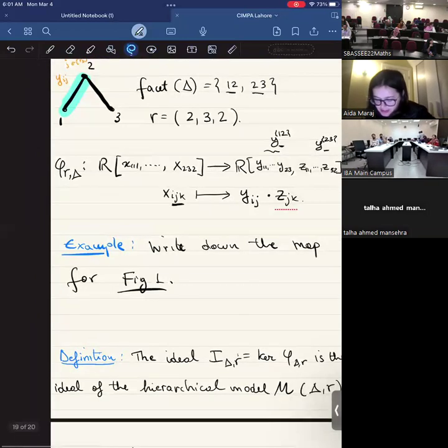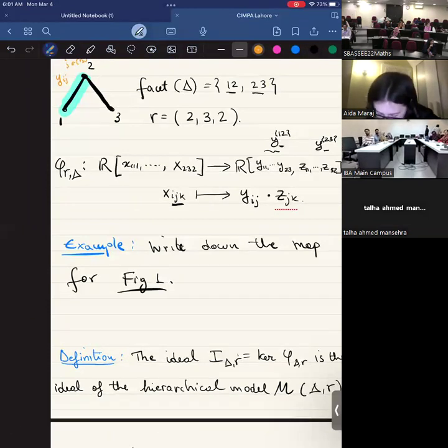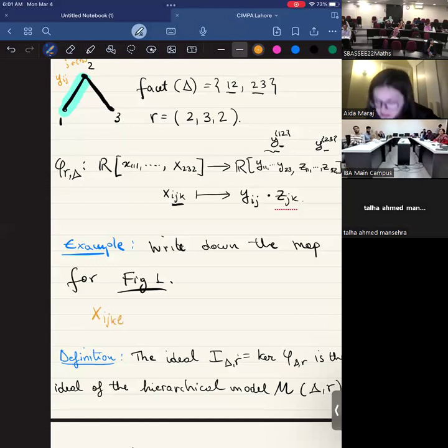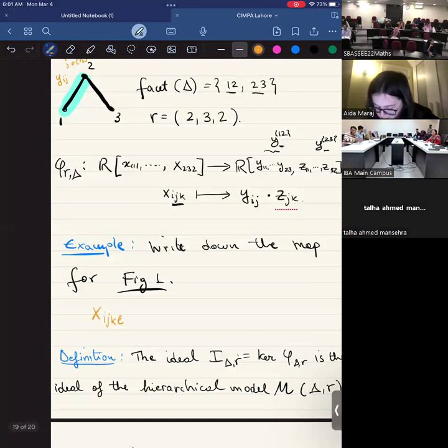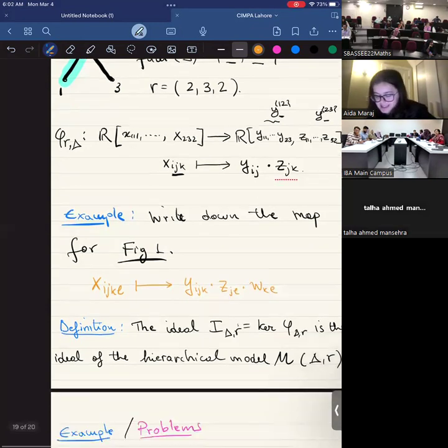I'm just gonna write down here, it should be something like X_{ijkl}, because there are 4 indices, 4 vertices. This should map to something like Y_{ijk} times some Z_{jl} times some W_{kl}. Did you get something similar?